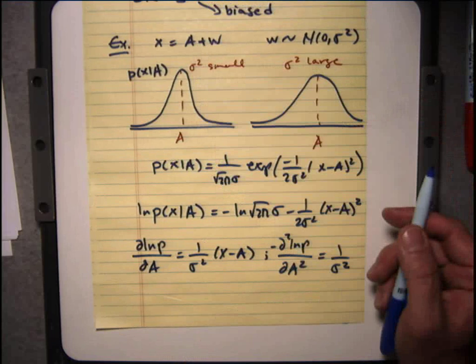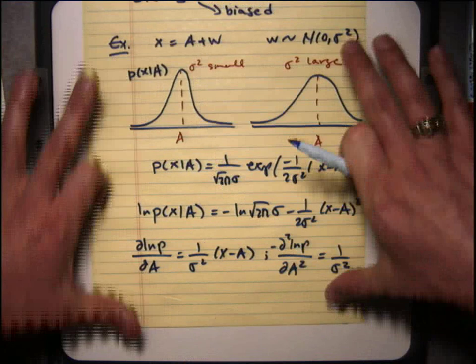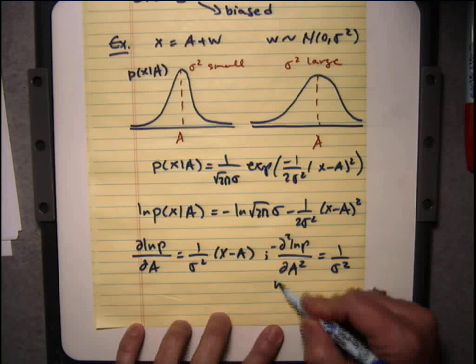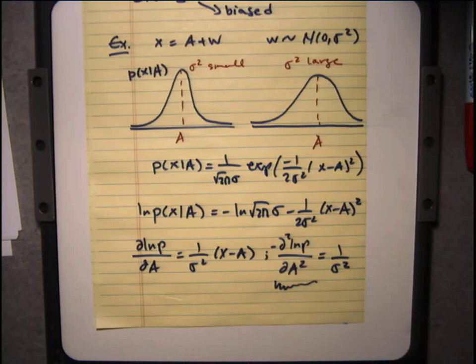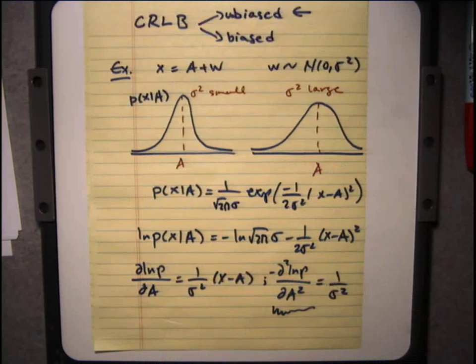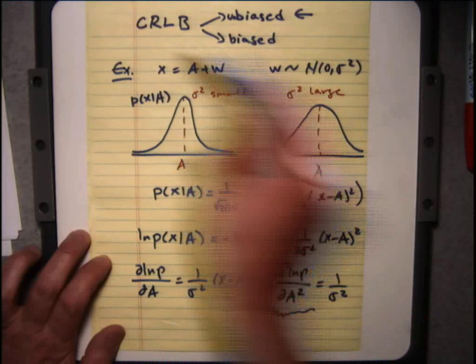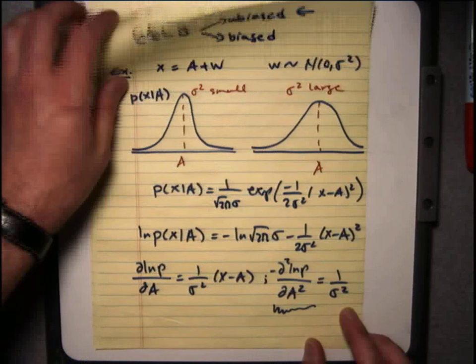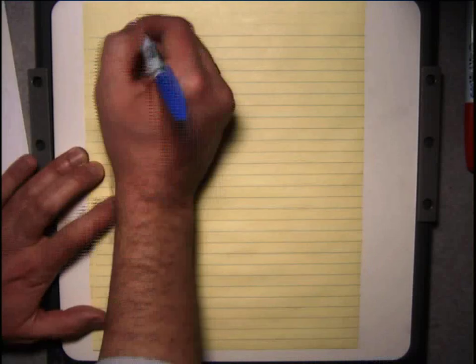Right? Now what I've done here is I've shown you this very, very simple example, but it turns out this quantity here is the key to measuring how well you can estimate a quantity, or how good your estimator can be, which is related to this Cramer-Rao bound. Okay, so let me write down the more general situation.